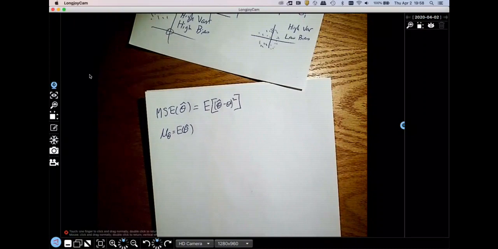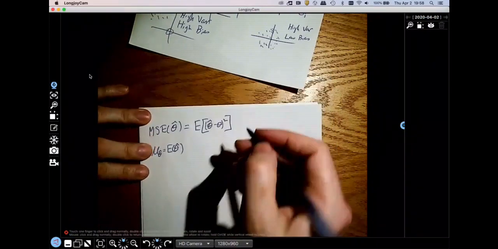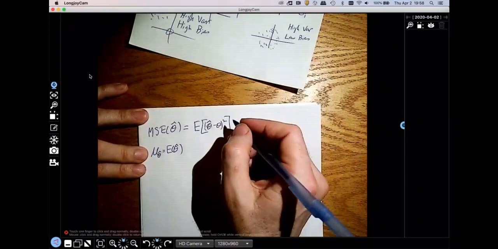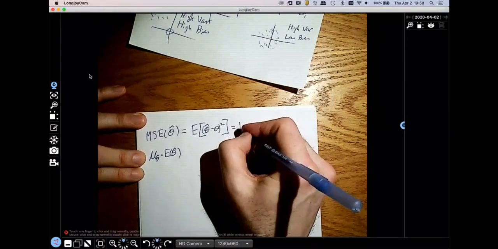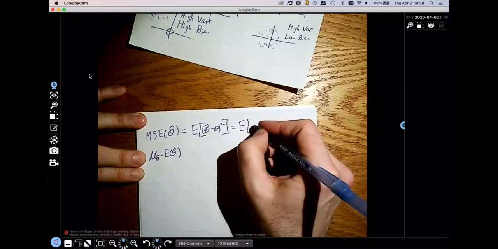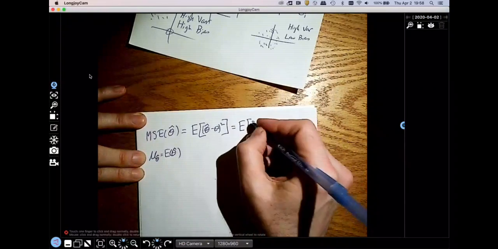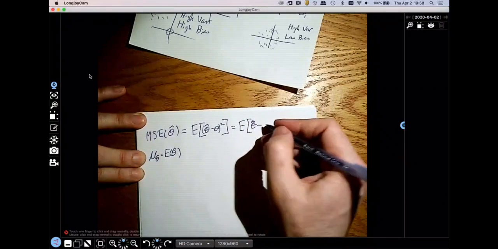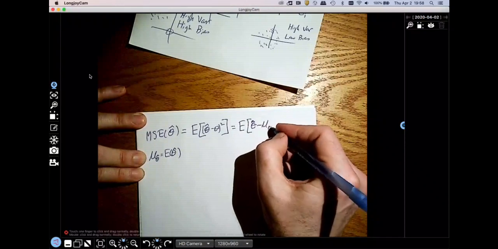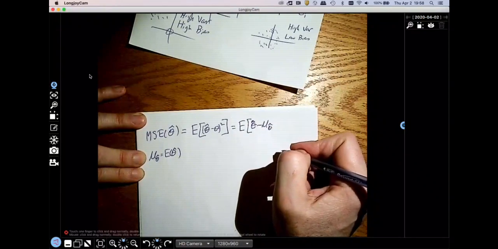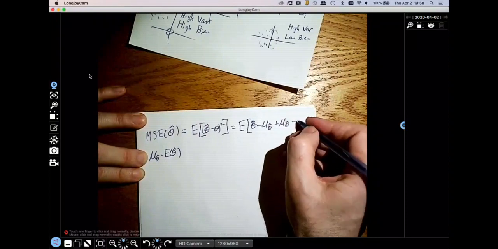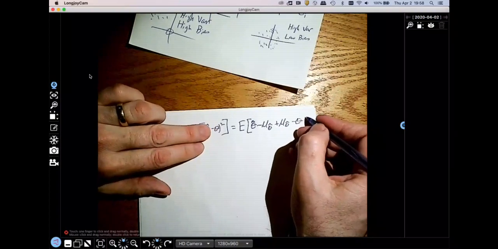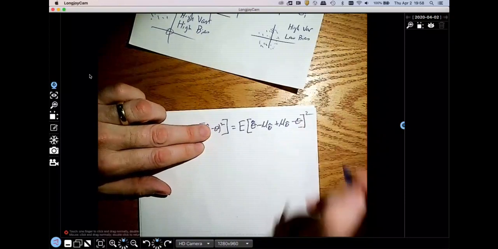So I'm going to do the same trick that we did before, except it's going to look slightly different here. So this is the exact same thing as if I take theta hat minus mu theta hat plus mu theta hat, and then we have to subtract off a theta, and I'm just going to square that whole thing.